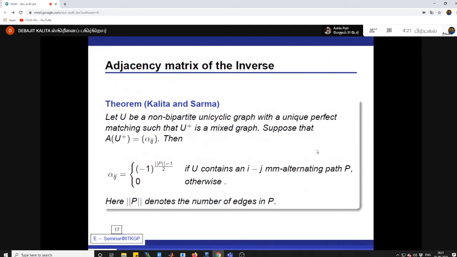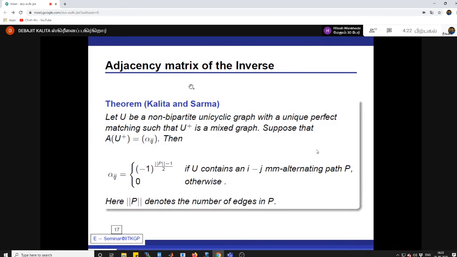And this theorem gives us the entries of the adjacency matrix of the inverse graph U plus, when the inverse is a mixed graph. This formula gives us the entries of the adjacency matrix of the inverse graph, and it comes out in terms of the length of the alternating path between i and j.